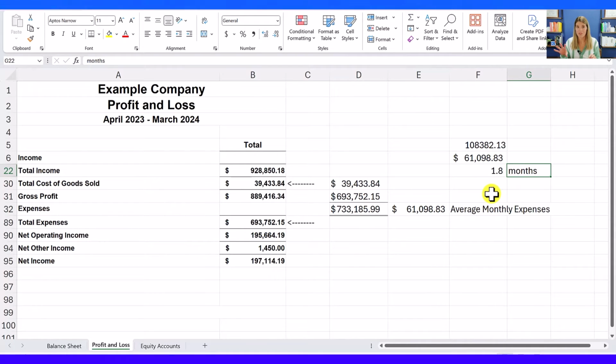If something happened, like another global pandemic, how long can your business last with the cash you have on hand? If this starts getting below a 1, you are more than likely hitting cash crises fairly often. So I want you to keep an eye on this number and look to increase it over time.